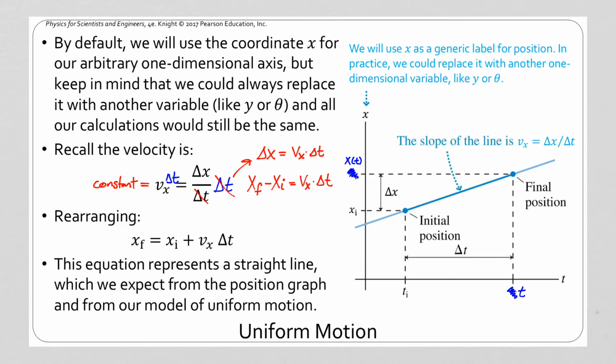So in practice, our final position becomes our function of t. Our initial position is a fixed value because we must have started someplace, and wherever we started, that's a fixed place in the past.